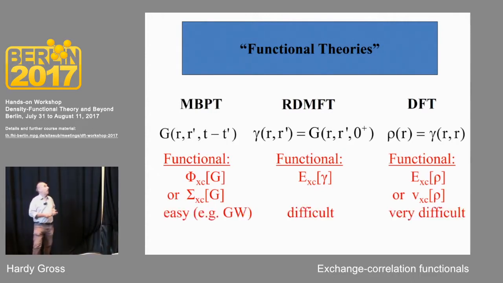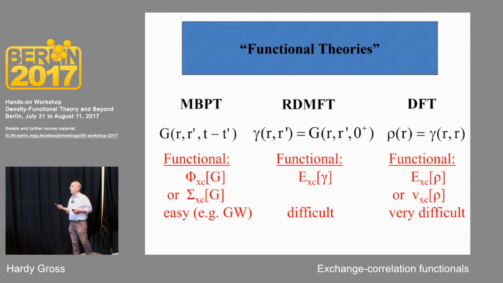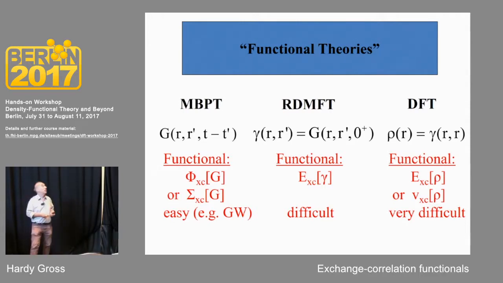Now, comparing these approaches, to find a good functional that gives you good results in practice is relatively easy in the many-body context. For example, GW, right? A very simple functional, G times W. Couldn't be simpler, right? And in fact, it exists already for 50 years.